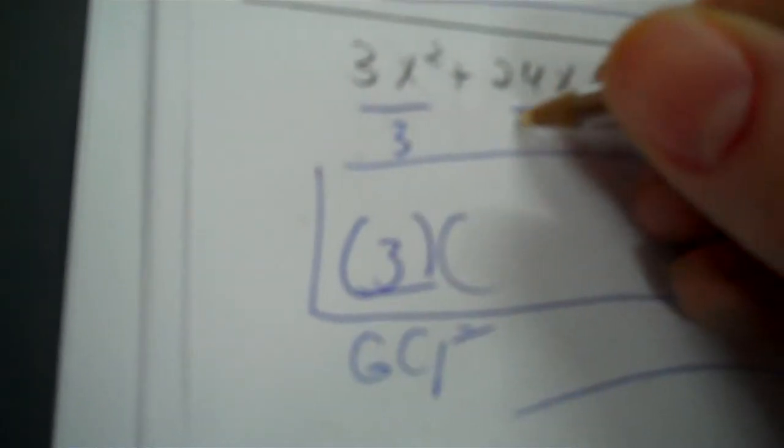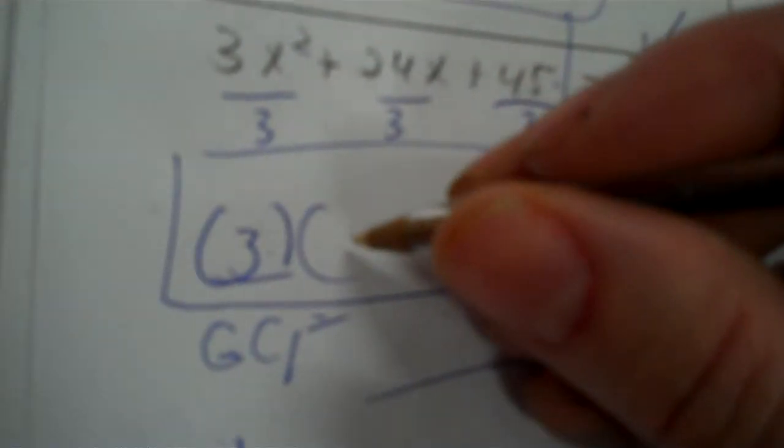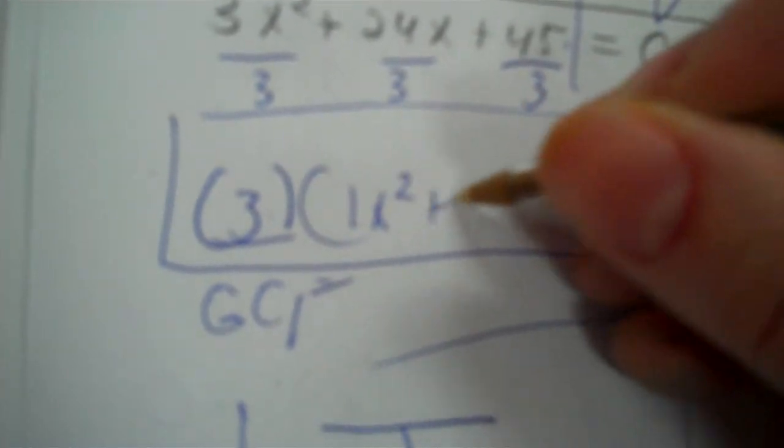No x, no negative, 3, 24, and 45. Those are all in row 3. But no x. You don't put x with it because we have this thing at the end without x. So 1x to the second plus 8x plus 15. So now when you do the GCF on a trinomial, you bring it over and get rid of it. Get rid of this because now we're down to this.